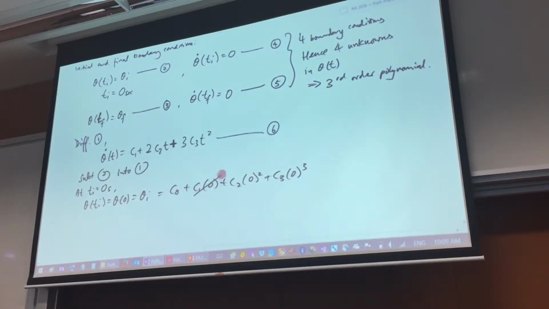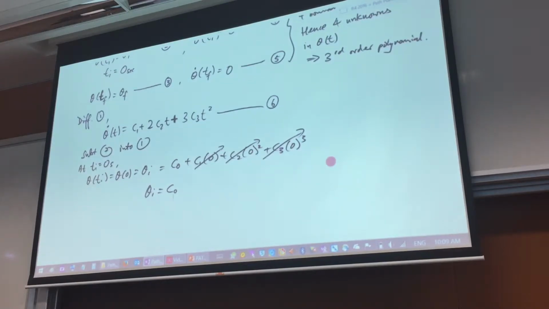So you're going to solve that, and all of this will be 0. So your theta i is equal to c naught. So I've solved for one constant now. c naught is equal to theta i.